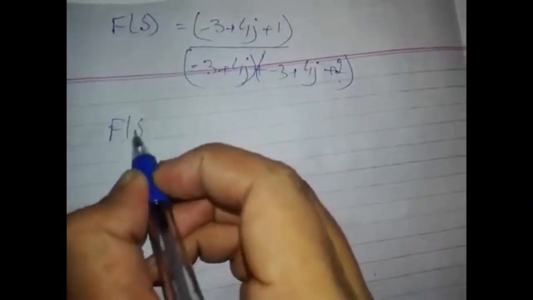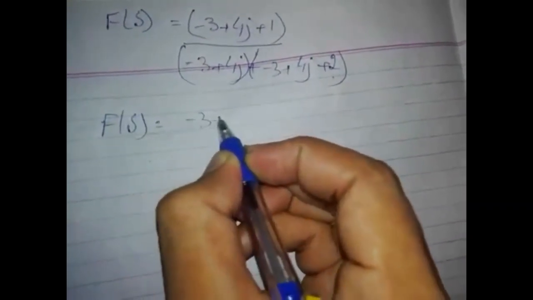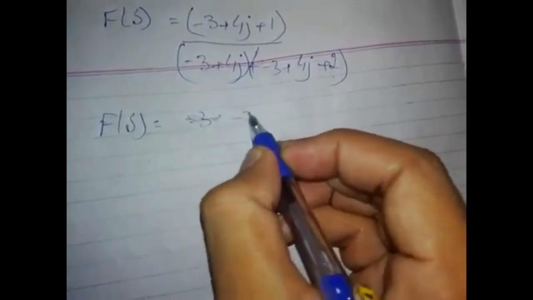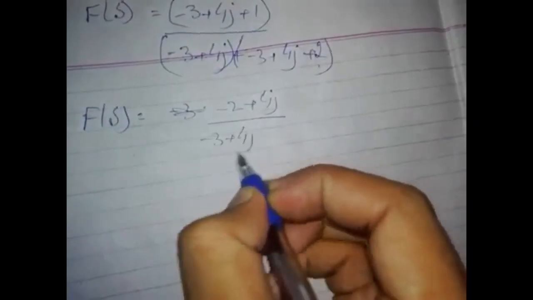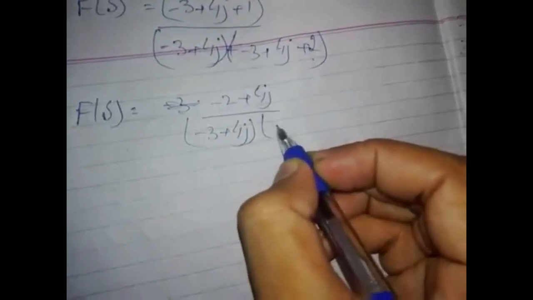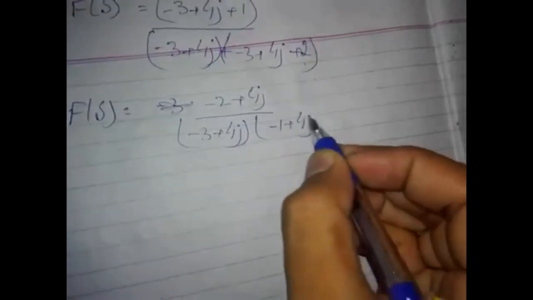So simplify it, you get minus 2 plus 4j divided by minus 3 plus 4j into minus 1 plus 4j.